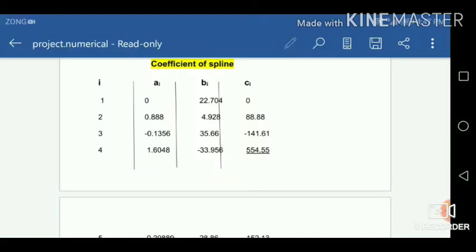By solving the matrix, we find the coefficients of the splines ai, bi, ci, for i equals 1 to 4. So a1 equals 0, b1 equals 22.704, and c1 equals 0, and a2 equals 0.888, b2 equals 4.928, and c2 equals 88.88, and so on for a3, b3, c3, and a4, b4, c4.